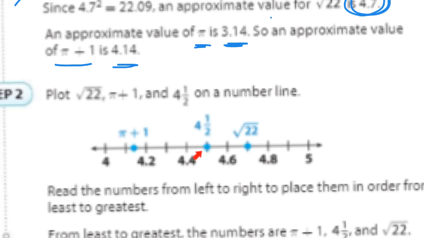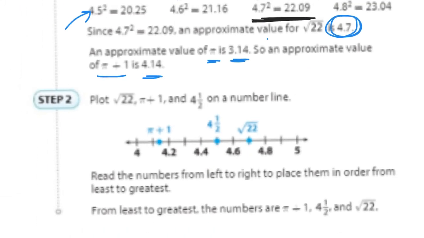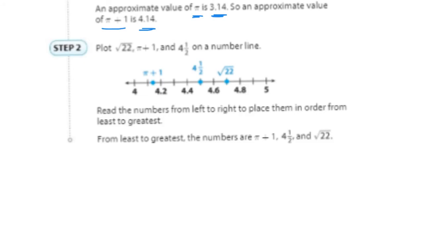Here's 4.5, which will be 4 and 5/10. Here's pi plus 1, which they decided was 4 and 14/100ths. And so by placing them on the number line, you can tell who's the least and who's the greatest. So the order would be pi plus 1, 4.5, and the largest is the square root of 22. But again, something weird like this, just use your calculator and find the square root of 22.